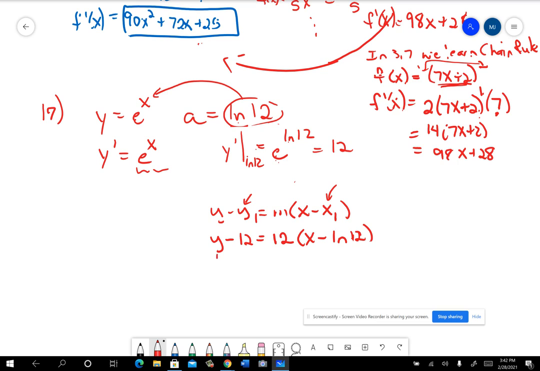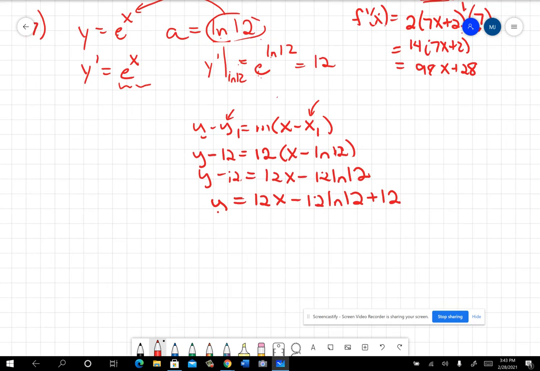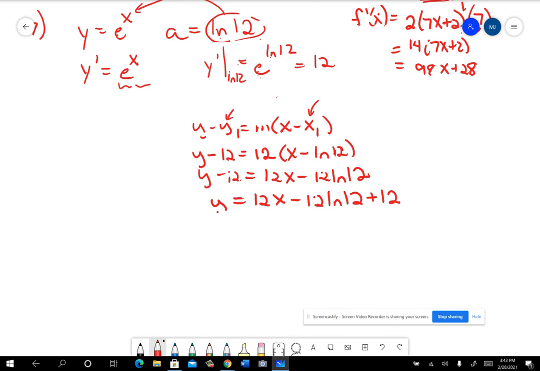So y minus 12 equals 12 times x minus ln of 12. Then I'm just going to distribute and add 12. A lot of times there's not a whole lot you can do to simplify that, because if you did try to plug something into it, it would turn out to be a decimal, and you really don't want to be rounding things off.